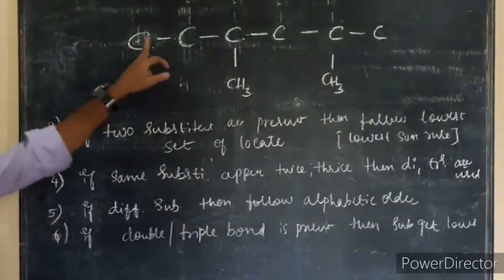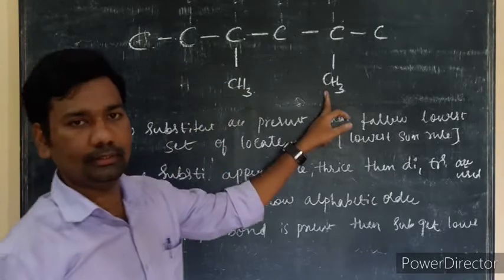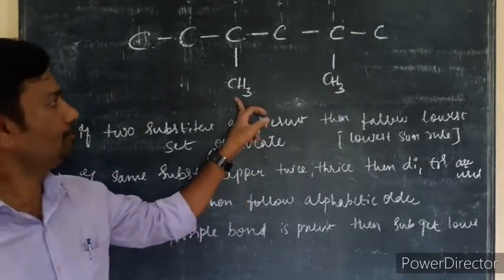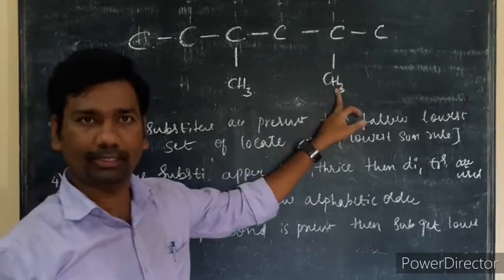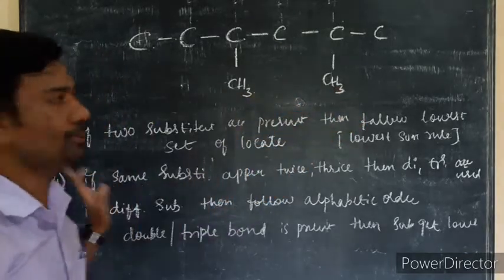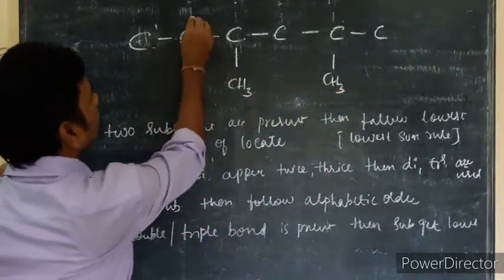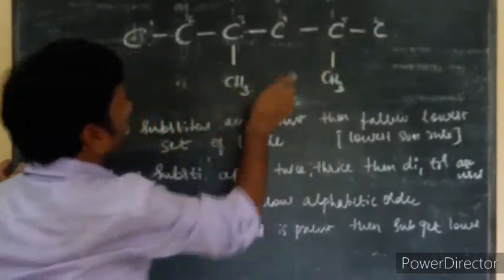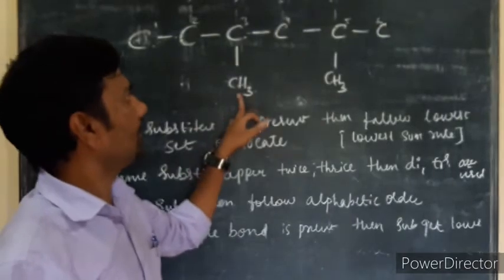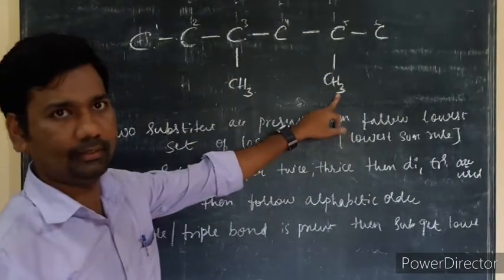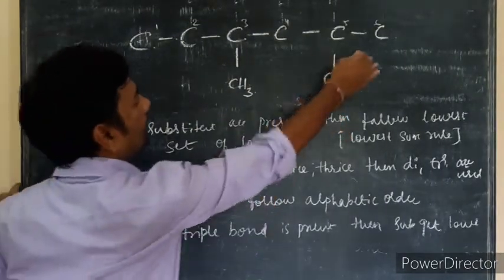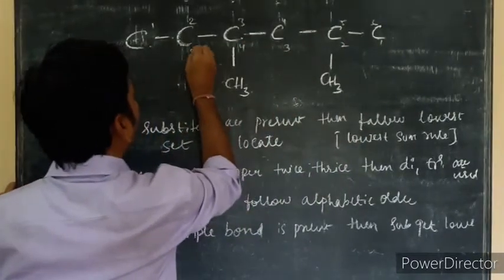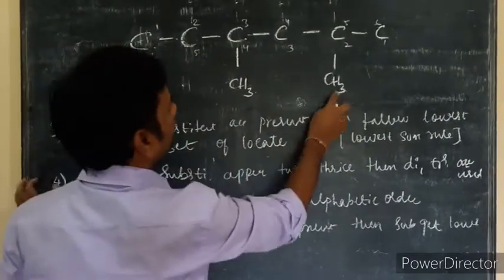Now check. Two substituents are there, CH3 and CH3, a methyl, this is also methyl, so two methyl groups. If you number 1 2 3 4 5 6 like this, you get 3 and 5, correct? If you go the other way, 1 2 3 4 5 6, then it will be 2 and 4.